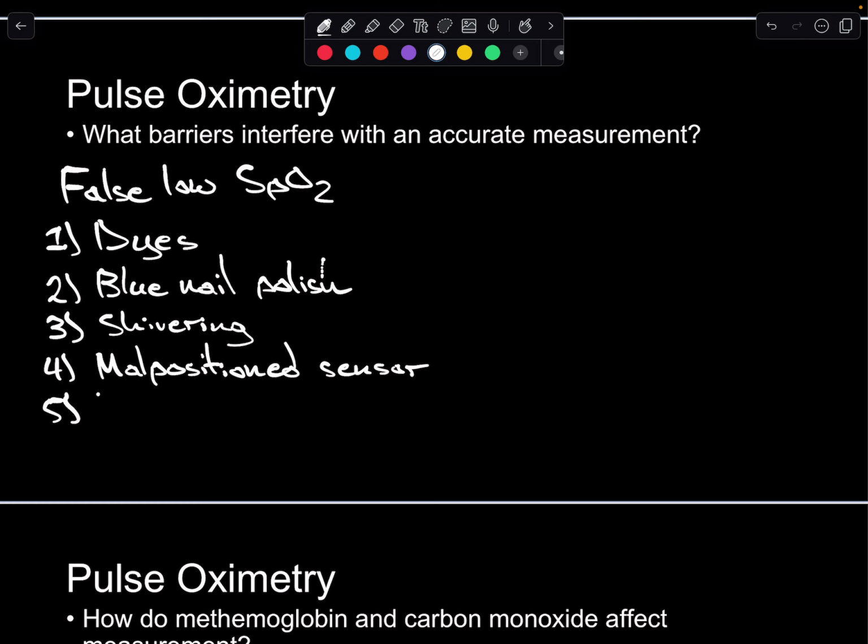And then low perfusion. So perhaps someone is in heart failure, they have a low cardiac output state. They might have proper hemoglobin saturation, but you'll get a low reading on that just because of the low perfusion.